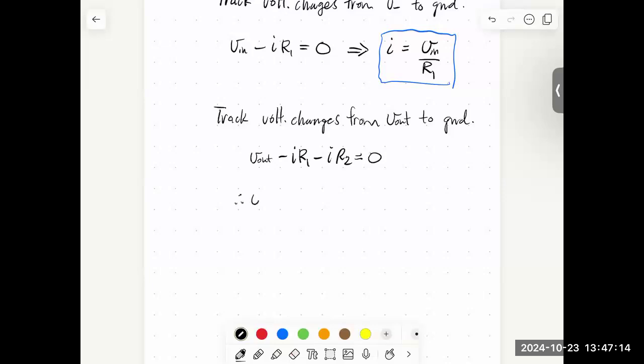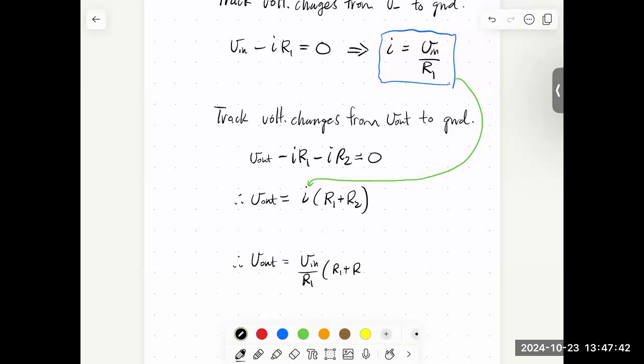And so therefore, V out is equal to I times (R1 plus R2). And we're going to do the same thing we did last time. We're going to replace I with Vn over R1. And we are going to find, therefore, V out is equal to Vn over R1, times (R1 plus R2).